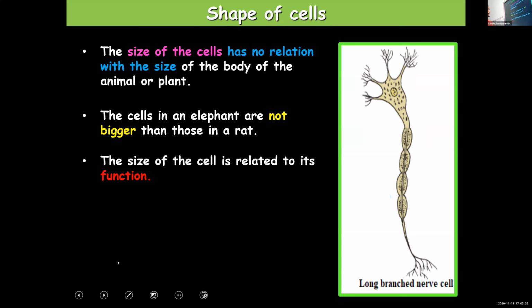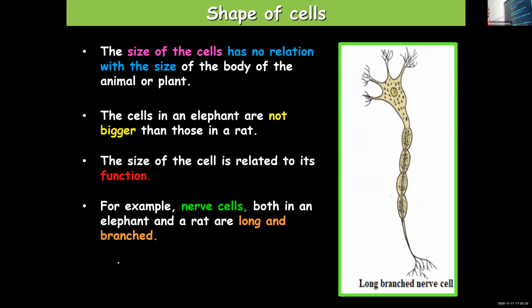The size of the cell is related to the function. The size will be related to the function it has to perform. Whether it's an elephant or a rat, in both of them nerve cells are there, and these nerve cells perform the function of transmitting messages.